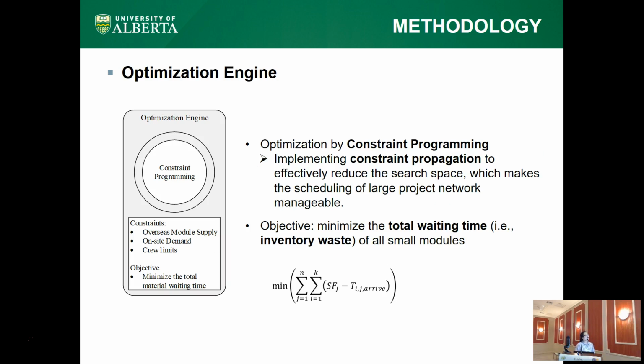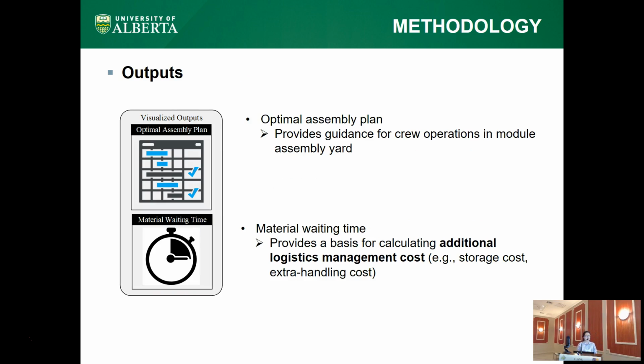Optimization engine: in this paper, constraint programming is used to do the optimization work, and the optimization objective is to minimize the total waiting time, which is the inventory waste. There are two outputs of this framework. One is the optimal assembly plan, which provides guidance for crew operation in the module assembly yard. The other is the material waiting time, which is a basis for calculating additional material management cost.